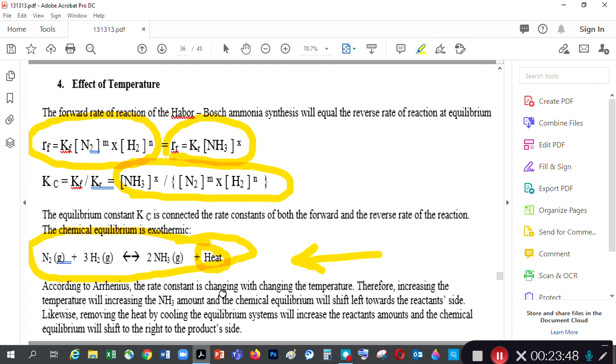By the same token, if I pull out the heat, cooling the system, I'm removing heat from the product side. Therefore, the stress will be on the reactant side, because the product side has lost one of its components. So if I cool the system here, the shift will be towards the product side.